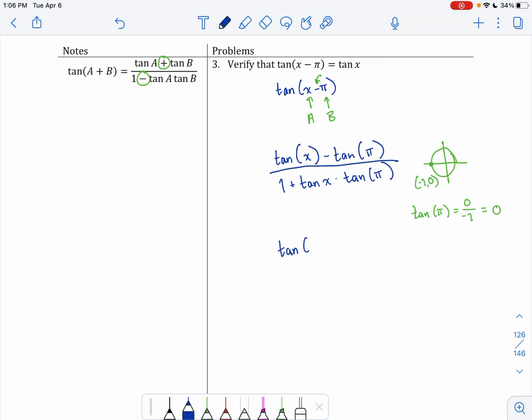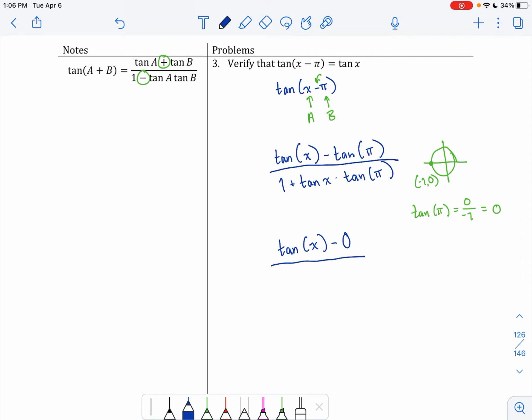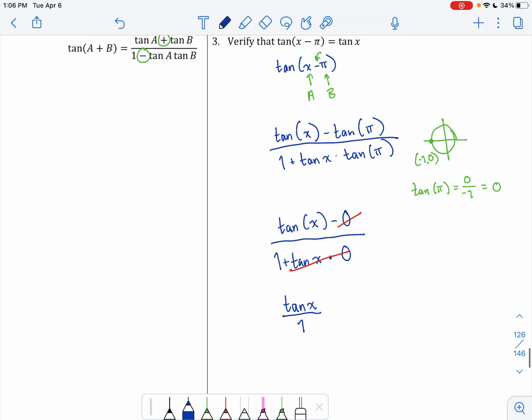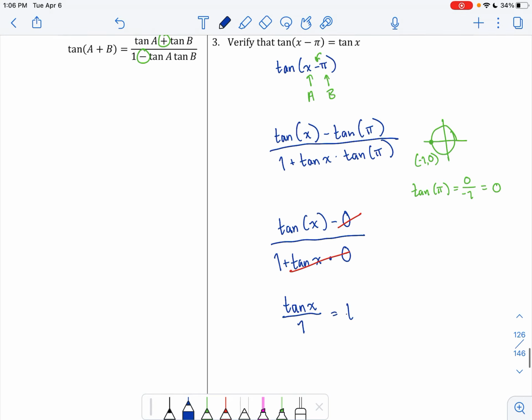So then tangent of x minus tangent of pi just becomes tangent of x minus 0, over 1 plus tangent x times tangent of pi, times 0. And then multiplying by 0, subtracting 0, we end up with tangent of x over 1, which is just equal to tangent x, which, as you'll note here, is the simplified right-hand side of our equation. So we have completed our proof.